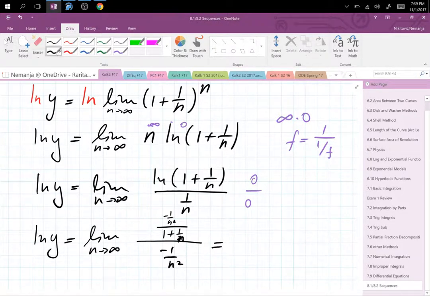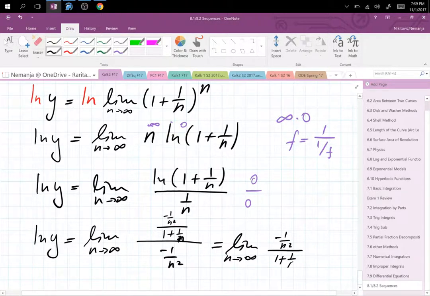Now you can deal with the double fraction any way you want. What I'm going to do is take negative 1 over n squared divided by 1 plus 1 over n and multiply that by negative n squared over 1, which is the flip of the denominator.